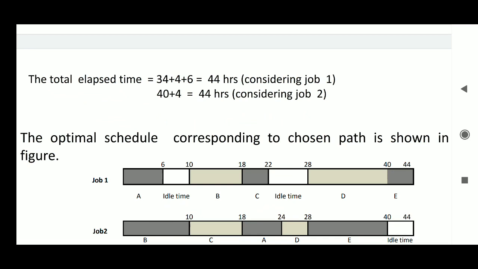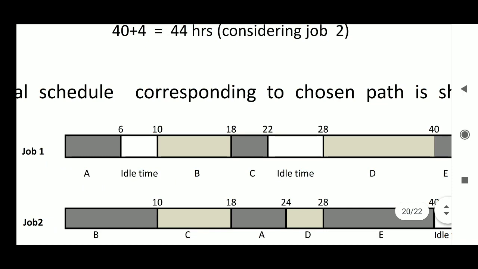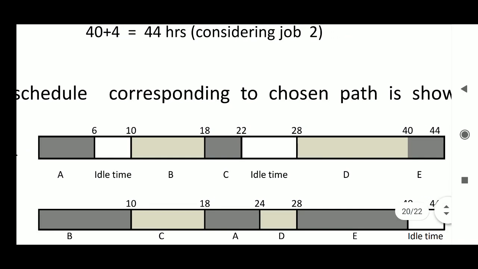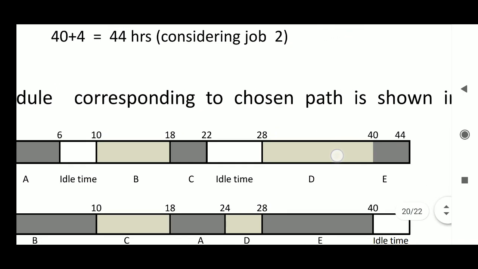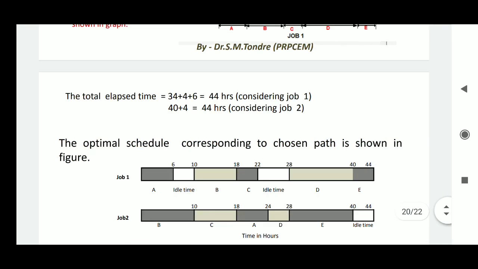For the first 6 hours job 1 works on machine A. After that for 4 hours job 1 remains idle. Then it goes to machine B for 8 hours. Then it goes to machine C for 4 hours. Then it remains idle for 6 hours. Then the processing is done on machines D and E. So that is the schedule of job 1.